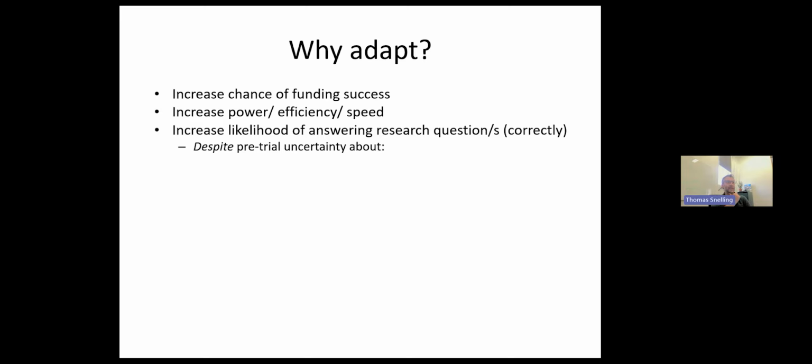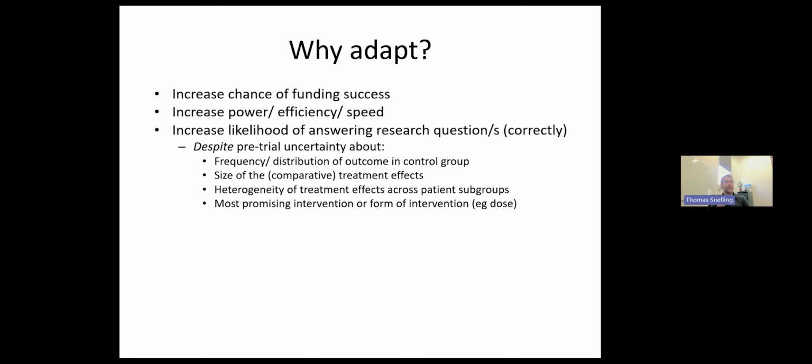And it can do this despite uncertainty before the trial in a range of things, including the frequency or the distribution of the outcome, the size of the treatment effect, or the comparative treatment effects, heterogeneity of the treatment effects across different patient subgroups, and uncertainty about which intervention or form of intervention is most promising.